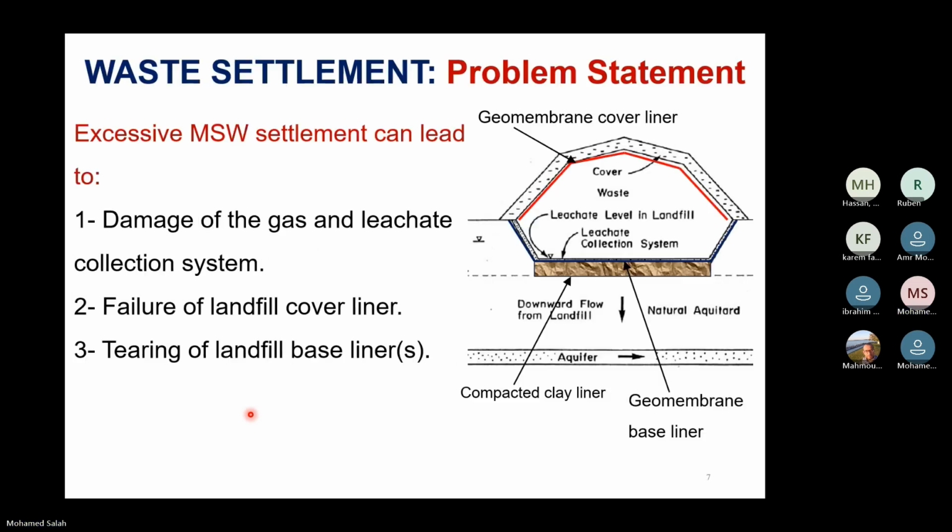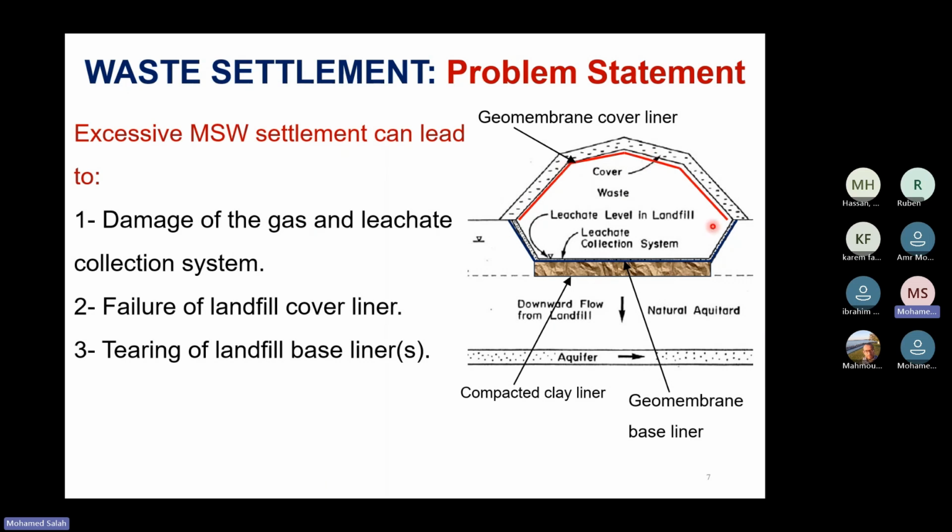So what is the problem with the waste settlement? Why should we study the waste settlement? Mainly, as we can see on the right, a cross section for a landfill. It's a very simple schematic, and here we can see the geomembrane base liner underlain by the compacted clay liner, and on the top of the waste there is a geomembrane cover liner.